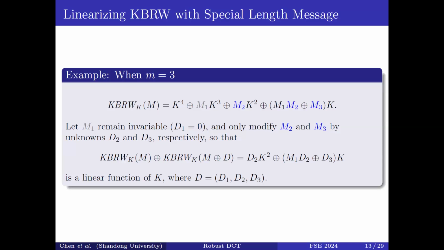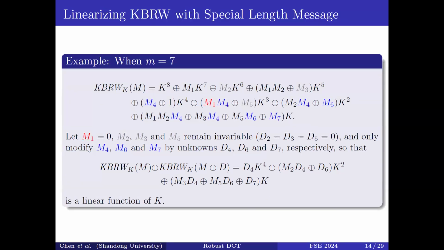We leave the value of M1 unchanged, which means D1 is 0, and only modify M2 and M3 by unknowns D2 and D3, so that the KBRW function is a linear function of K about the addition and multiplication operations.